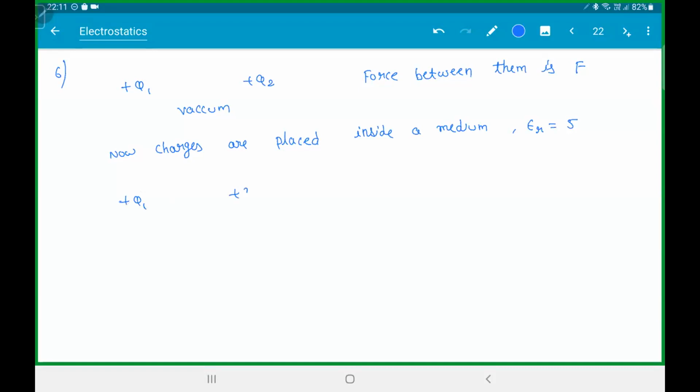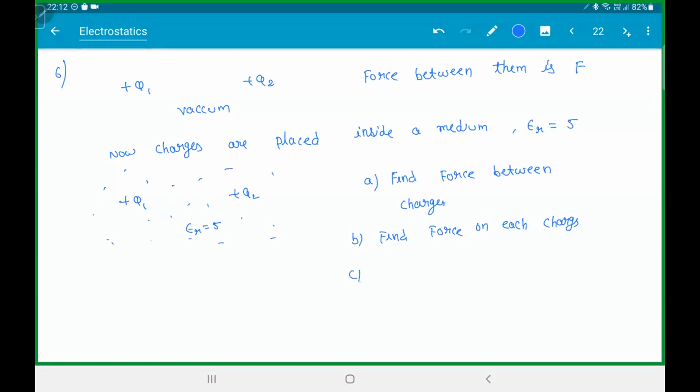So you kept the whole thing inside a medium where epsilon R is 5. So the question: find the force between the charges. Find the force on each charge. In the exam they may ask you to find the force between the charges. Find the force on the charge due to the medium.